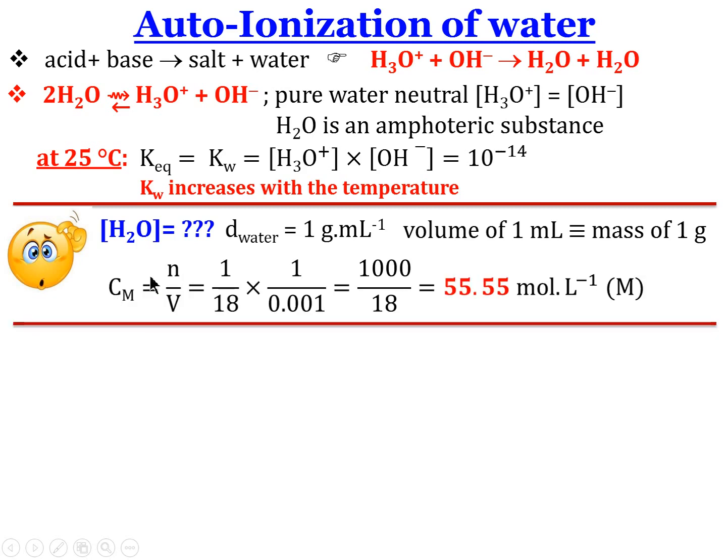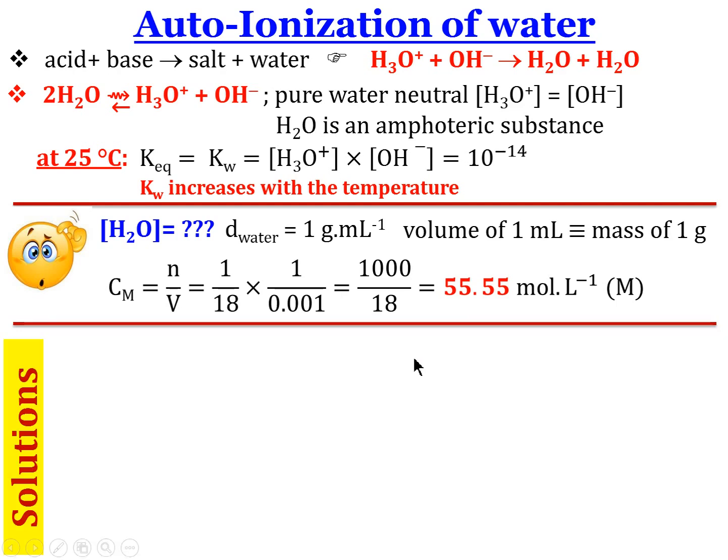The molar concentration is equal to the number of moles divided by the volume, equal to the mass of water, 1 gram, divided by the molar mass, 18, divided by the volume, which is 1 milliliter, equal to 10 minus 3 liter. So it is equal to 1000 divided by 18, equal to 55.55 mole per liter, and the concentration of water is always constant.